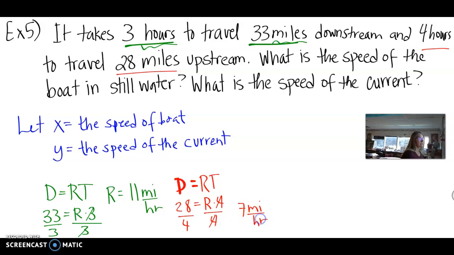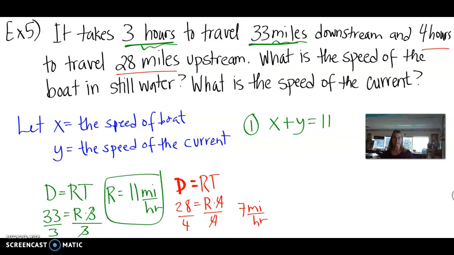Okay, so then if x is the speed of the boat and y is the speed of the current and we're going downstream, one of the equations for going downstream is we know that the speed that the boat is going, plus the speed of the current is going to tell us how fast we're traveling downstream. And we just found out that that was 11 miles per hour when we went downstream.